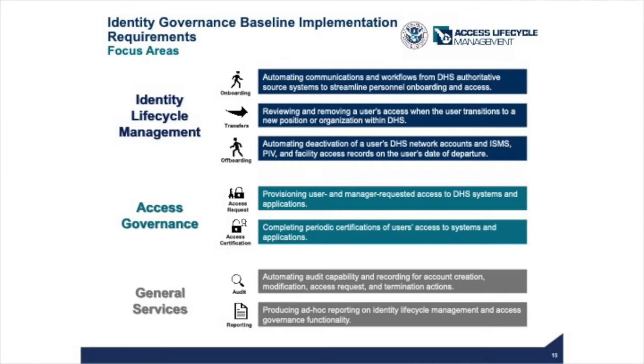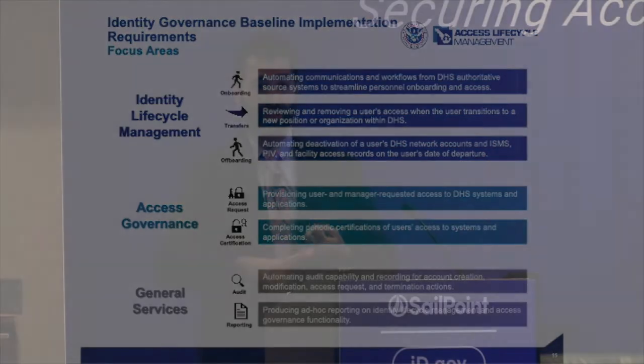So to make sure that we're all compliant and moving in the same direction, we've taken our lessons learned, whether through our implementation, through things like NIST, through DHS's security policy, and FICAM, and put all of those into a set of baseline requirements, really tackling lifecycle management, governance, and auditing and reporting. And now we're starting to pass that to components to say, if you're implementing, make sure you're hitting these requirements. We'll assess based on these requirements, including our own enterprise solution, and make sure that we're all marching the same path.